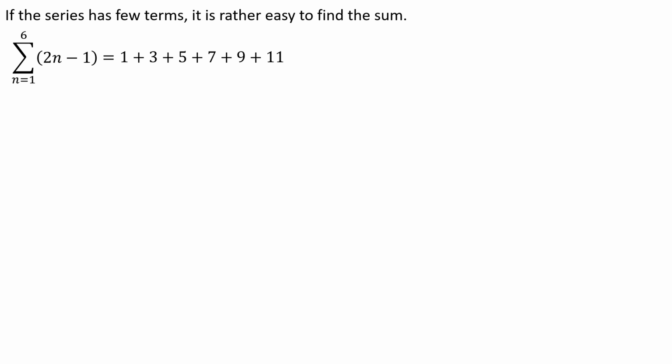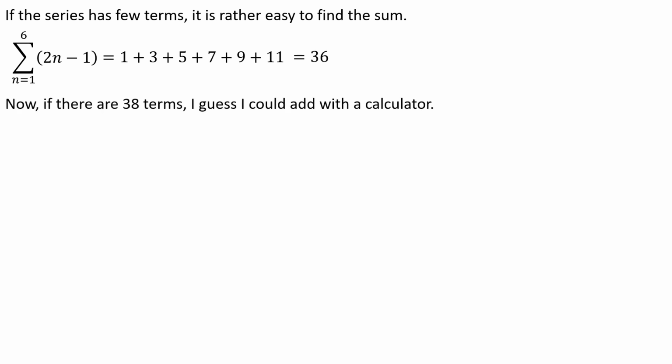If I plug in 3, 3 times 2 is 6, take 1 is 5, etc. And finally, the last number I plug in is 6. 6 times 2 is 12, take away 1 is 11. And so those are the numbers I have to add up: 1 plus 3 plus 5 plus 7 plus 9 plus 11. We can quickly figure out that the grand total is 36, and so that is the sum of that series.